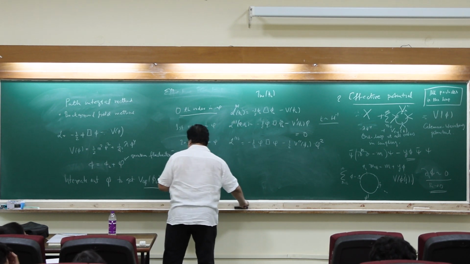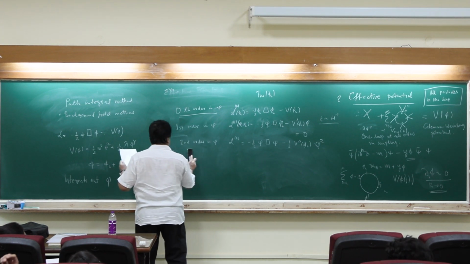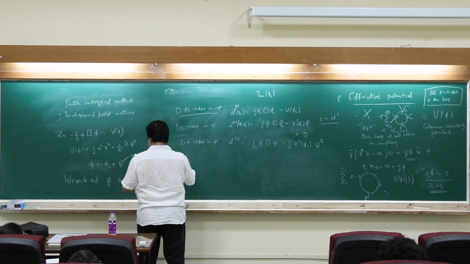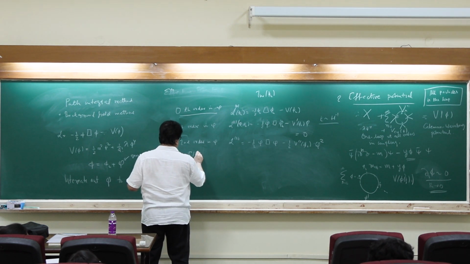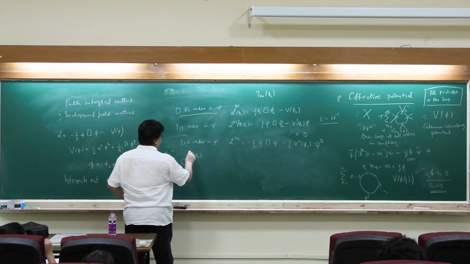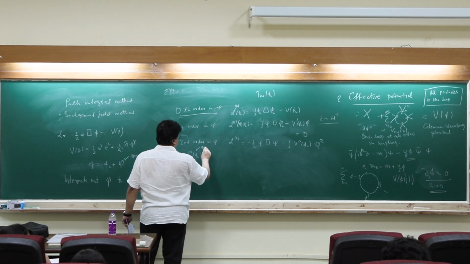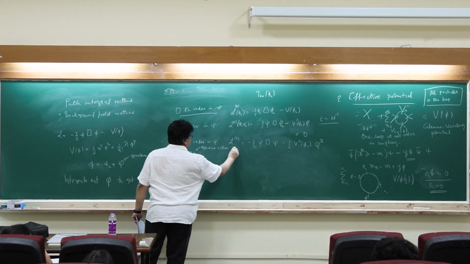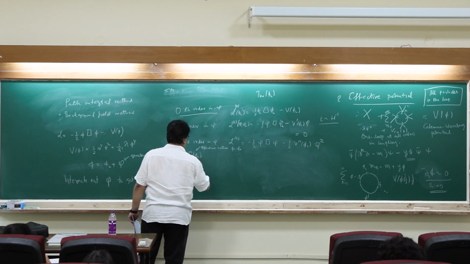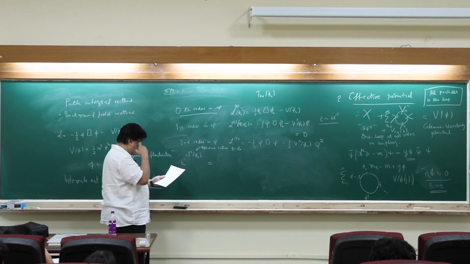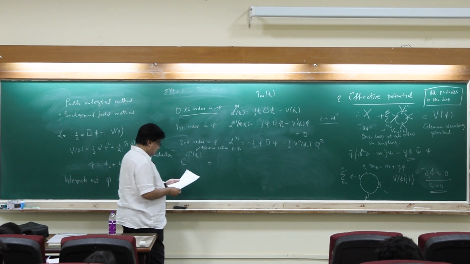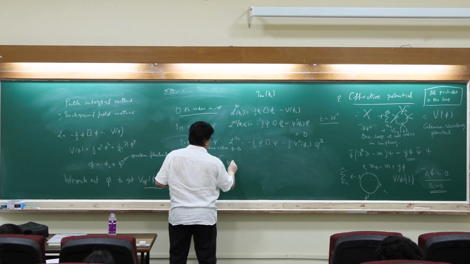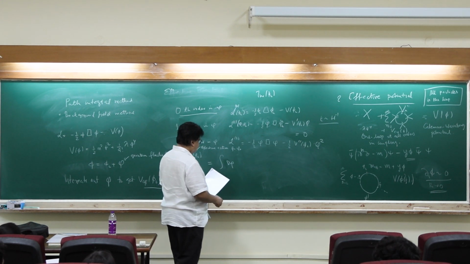Then I'll write my effective action for phi b. This I will define as, integrate out d phi, the fluctuation.